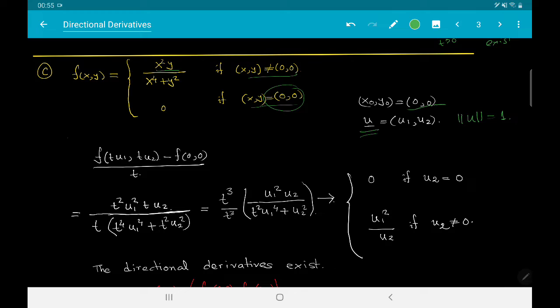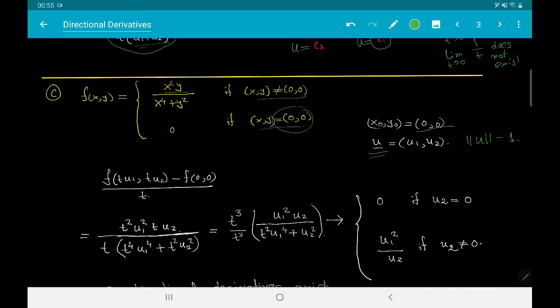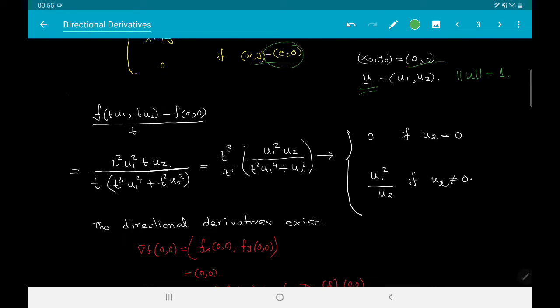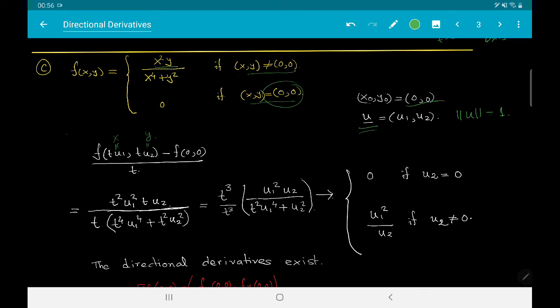When we want to evaluate this expression, f of (t u1, t u2) minus f of (0, 0), just like we have done here, we just put in the value of x and y. We do not want t to be equal to 0, so we take t to be a non-zero quantity.